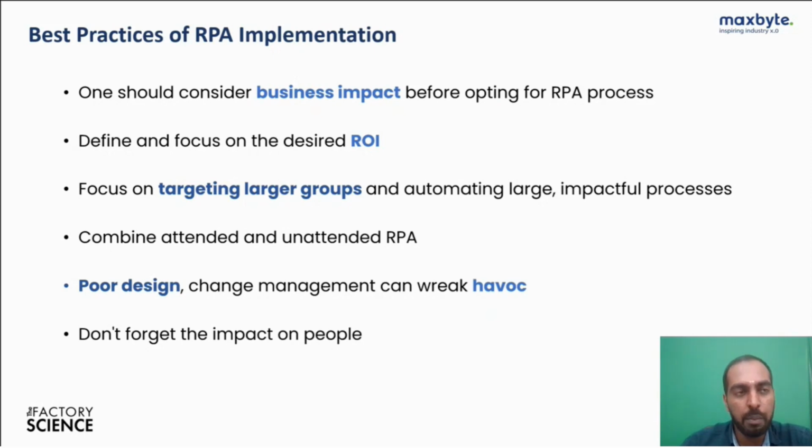And unattended RPA means all the 6 tasks can be done by the robot. So this is based on the business workflow and the organization need. And if these process flows are poor in design, or if there is several change management, it will definitely affect the RPA ROI. And also we need to consider the impact on the people after implementing the RPA solution.